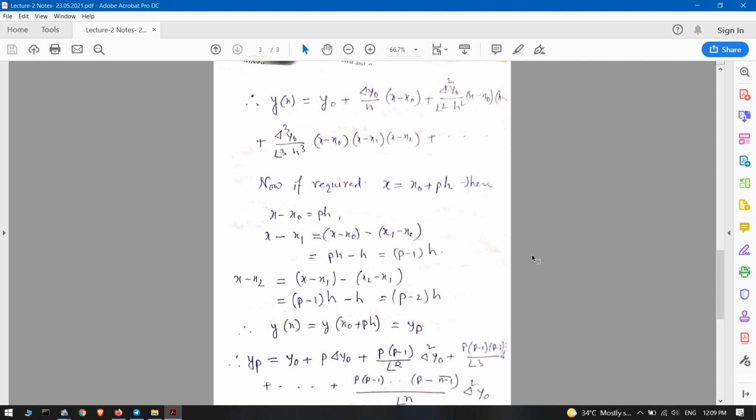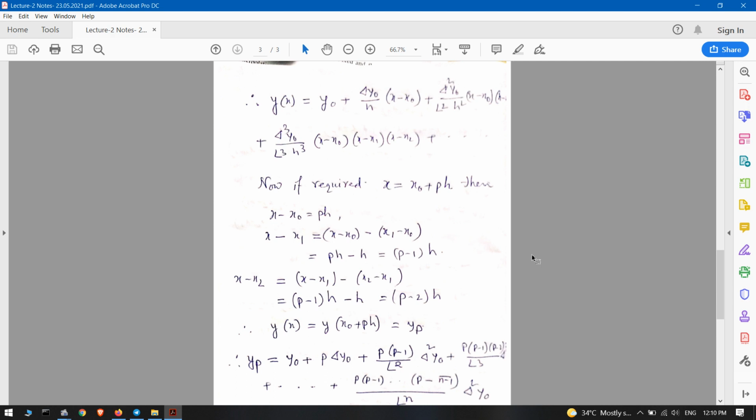And for the Newton forward interpolation method, it must be satisfied that the values of x must be equispaced. Meaning x1 minus x0 must be equal to x2 minus x1, must be equal to x3 minus x2, must be equal to xn minus xn minus 1, and that will be equal.